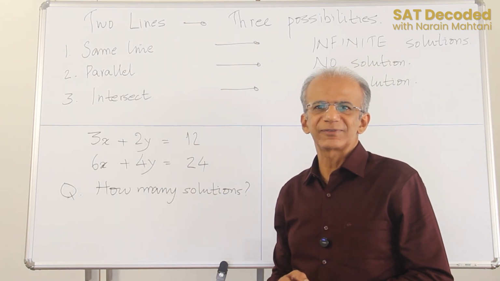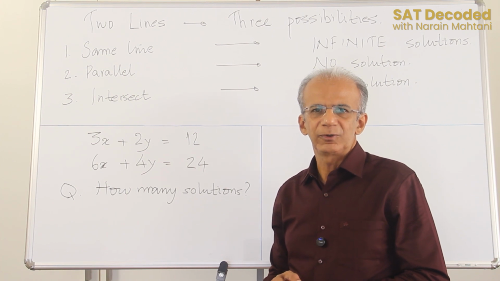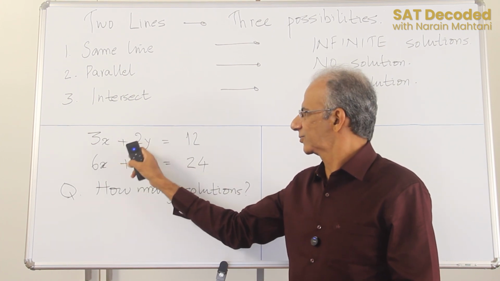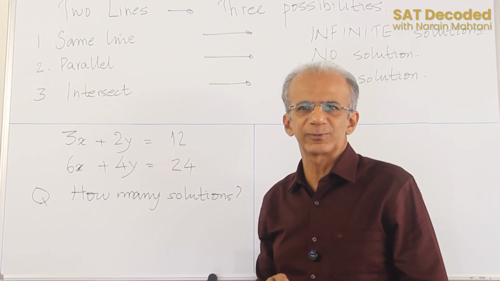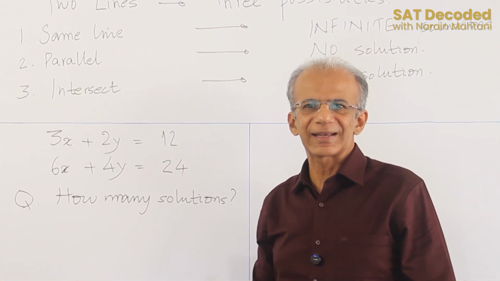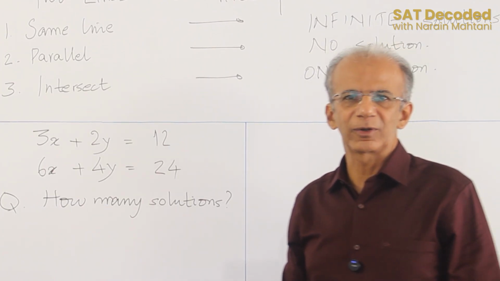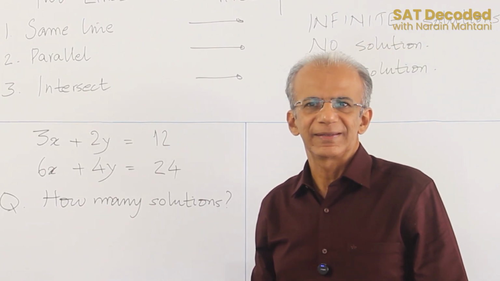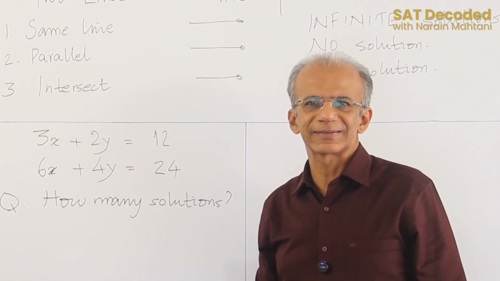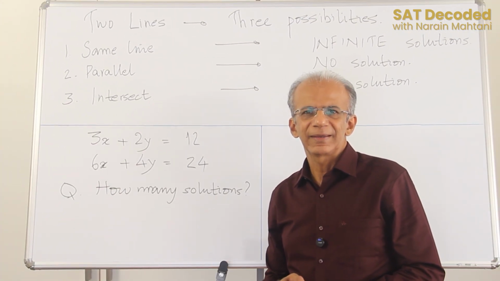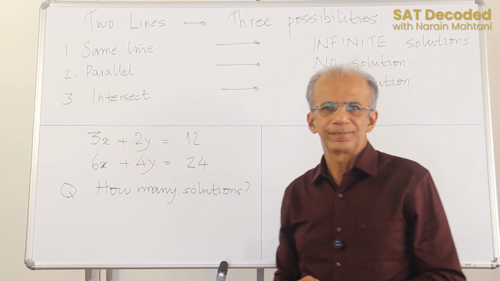What happens if you multiply every term in the first equation by 2? 2 times 3x is 6x, 2 times 2y is 4y, and 2 times 12 equals 24, which is exactly the second equation. These two equations are not describing two different lines, they are describing the same line written in two different ways. And if they are the same line, every single point on that line satisfies both equations.